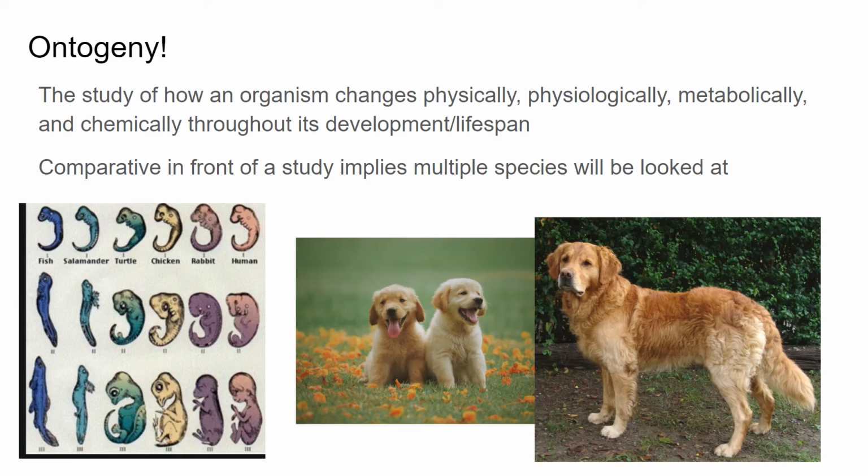Alright, so ontogeny is the study of how an organism changes physically, physiologically, metabolically, and chemically throughout its lifespan and development. So this means that there are going to be changes in size, there are going to be changes in different gene expression, there'll be changes in body parts and their relative size and their presence on the organism. There will be changes in chemicals produced by the organism. There will be changes in that organism's reactions to various things. For example, in humans, reflexes that you have as a baby are not necessarily carried over to adulthood.